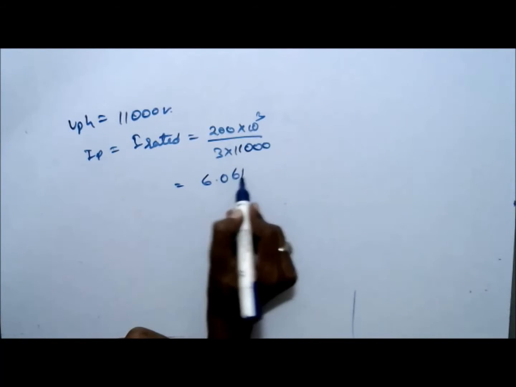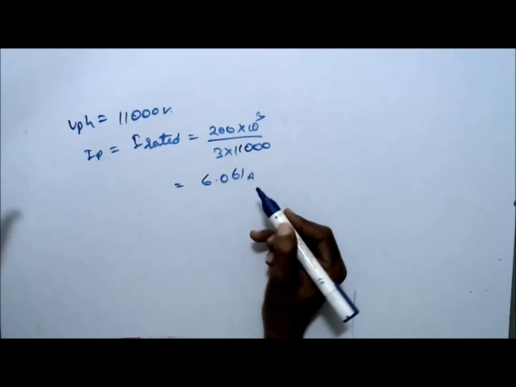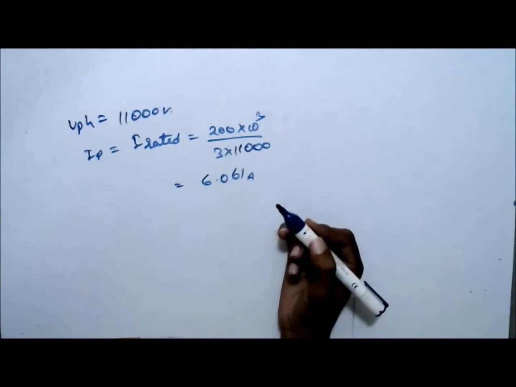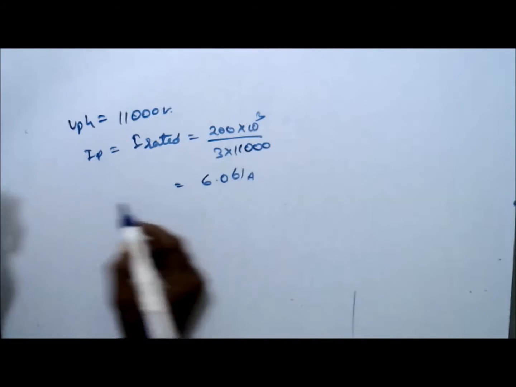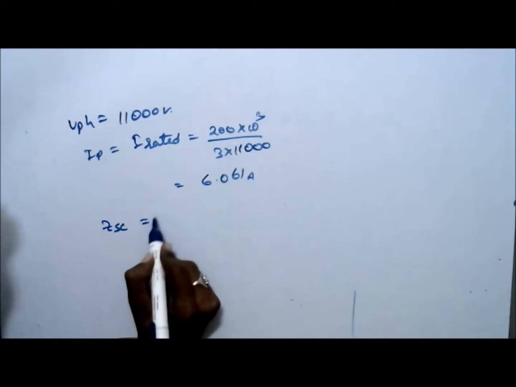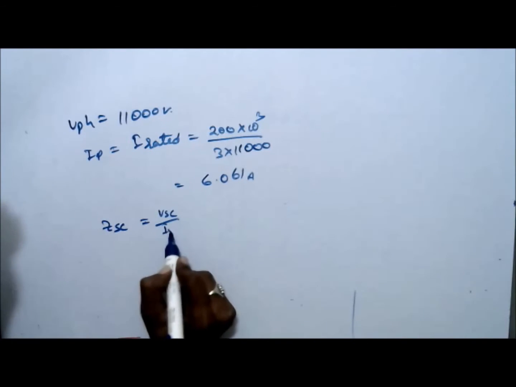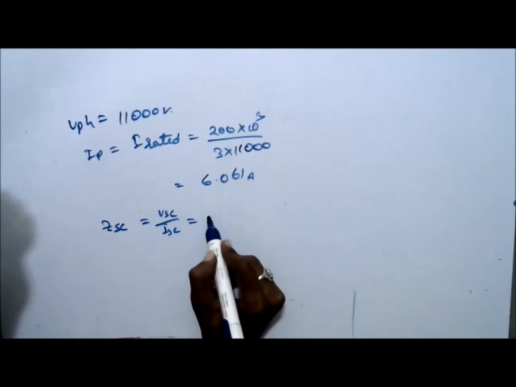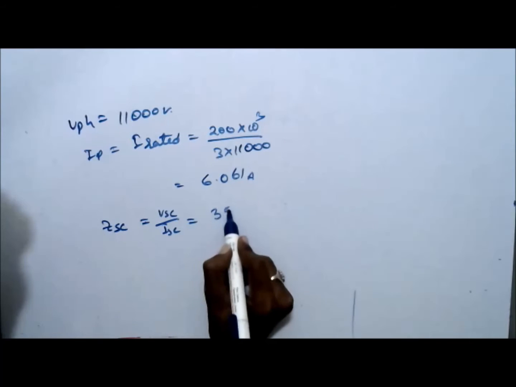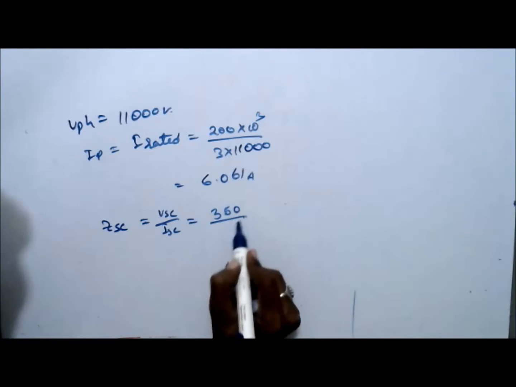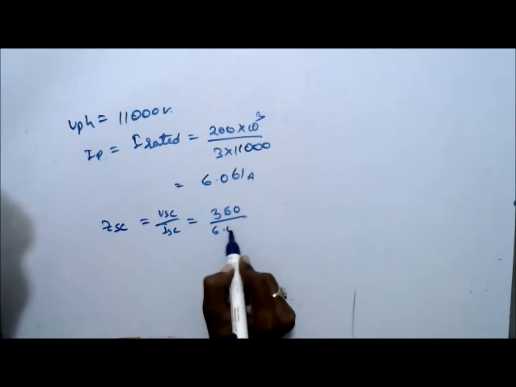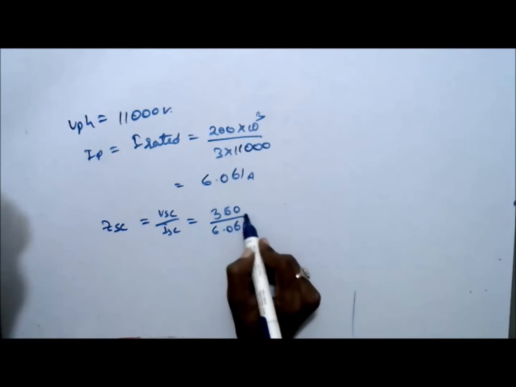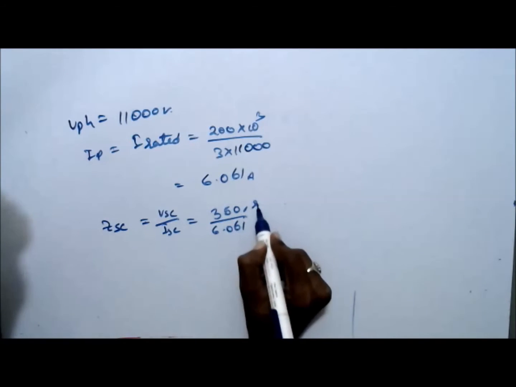This is 6.061 amps we have got. Now calculate ZSC. ZSC is equal to VSC divided by ISC. This is 350 divided by 6.061.